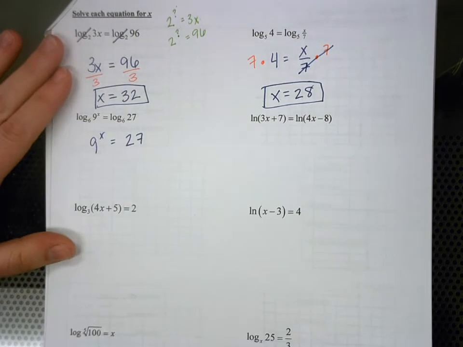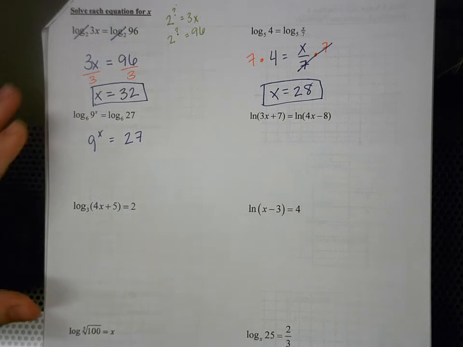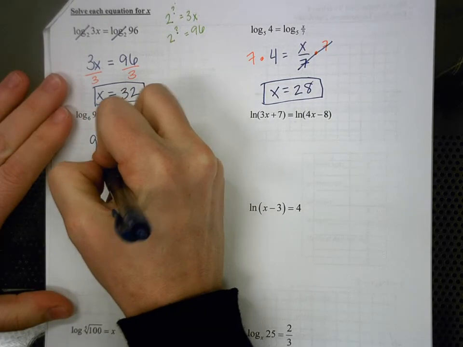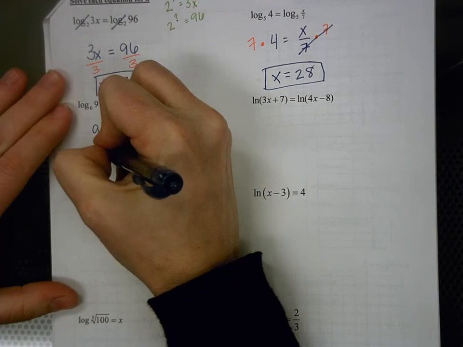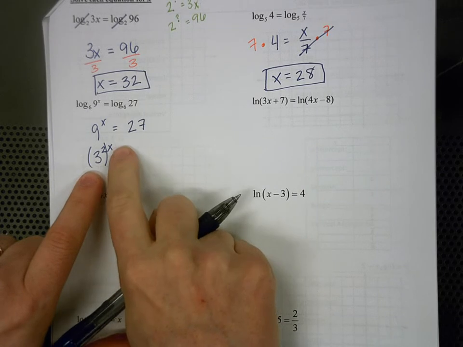All right, the 9 and the 27 again. Don't forget, you can write 27 with the base of 9, but you don't really want to. So we're going to rewrite both of them with the base of 3. 9 is 3 squared. I'm still going to have the exponent of x. So if I rewrite the 3 squared to the x power, that means I'm doing 2 times x.